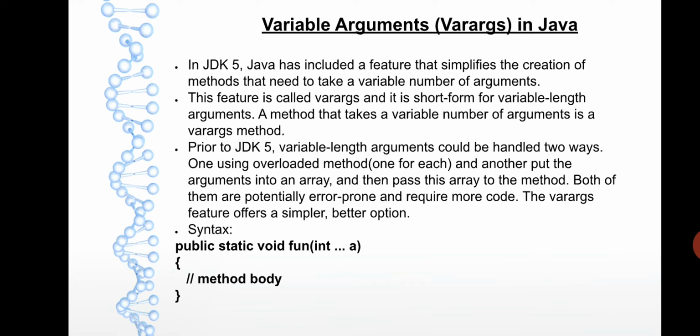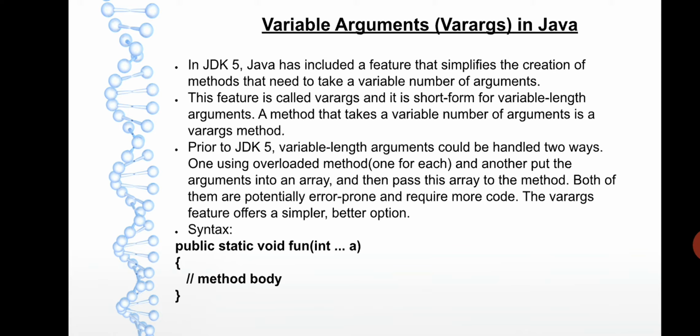Say for example, if you are going for a draw method and even though you go for variable length arguments, how exactly you are going to deal inside the code? Again, it will be somewhat tricky, but it is a better option actually. Instead of going for method overloading, it is better to go for the variable length arguments concept. That is nothing but varargs.